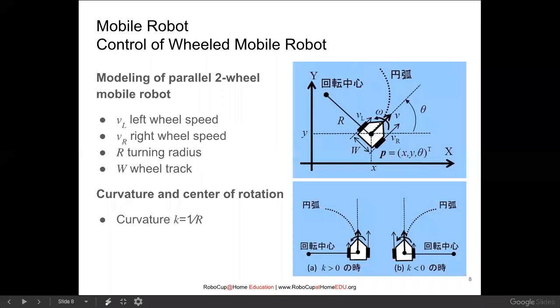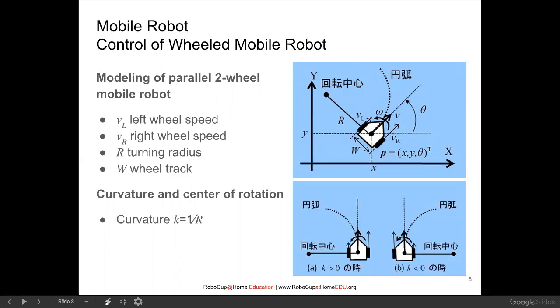Okay, so we have two wheels that can be controlled independently, and each wheel can turn to the front and to the back, so clockwise and counterclockwise, pointing in different directions. I explain it in the way that the wheel is turning forward or backward. So we have the left wheel and right wheel, and the control parameter is the speed.